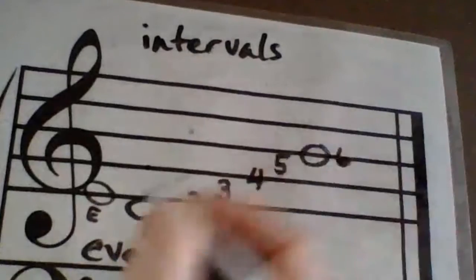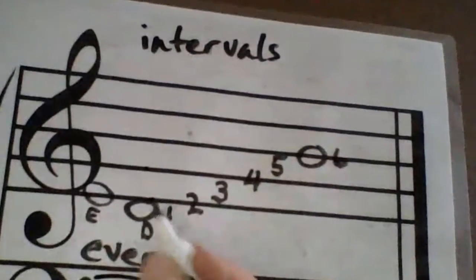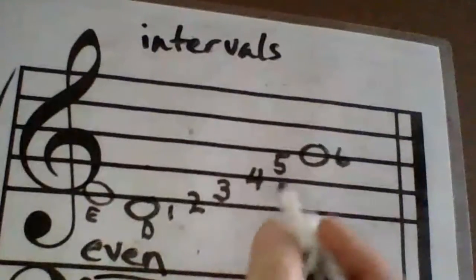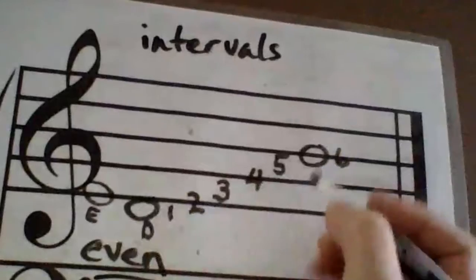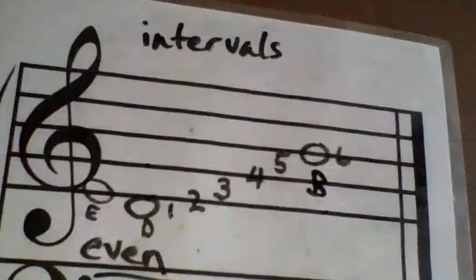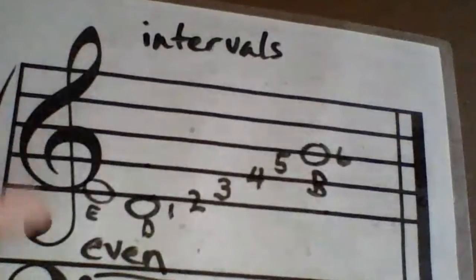So it is an even interval going from the space to the line. And it goes from D, every good boy, to B. So this is just a little bit more review on how to name intervals on the staff.